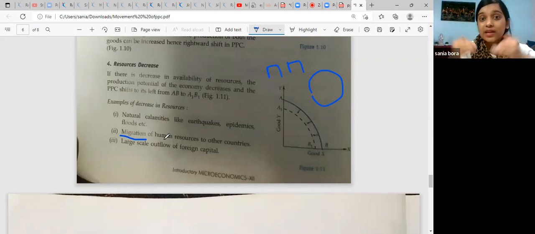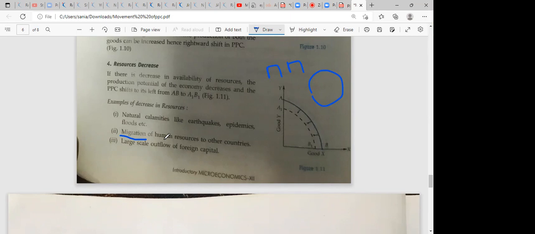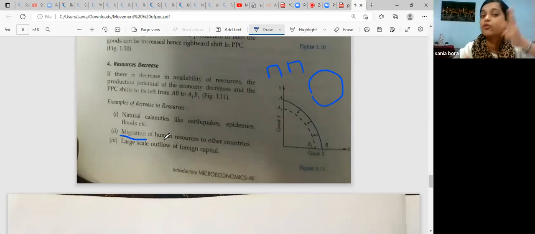So right now, there is a scarcity of resources for my own country. Human is also a type of resource because humans work. So if they go there, they are going to work for the American economy. They're not going to work for Indians, right? So we had 5 good doctors, now 2 went, now we have only 3 good doctors.